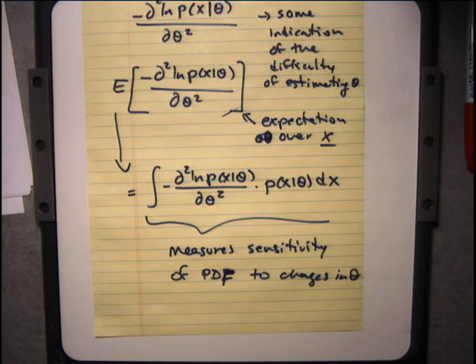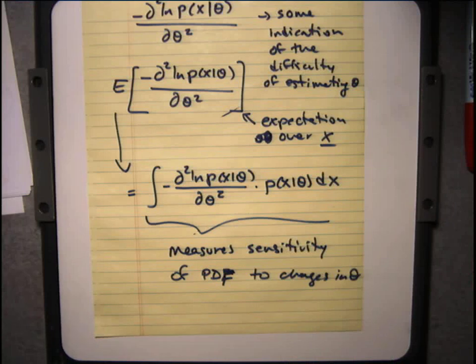Okay? Let's take the reverse argument. If your data is not sensitive at all to the value of theta, what would happen? You would keep measuring data. You would always measure the same data, even if the underlying theta is just changing wildly. You cannot estimate.